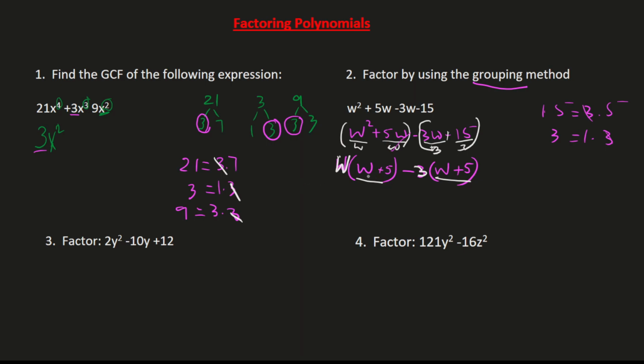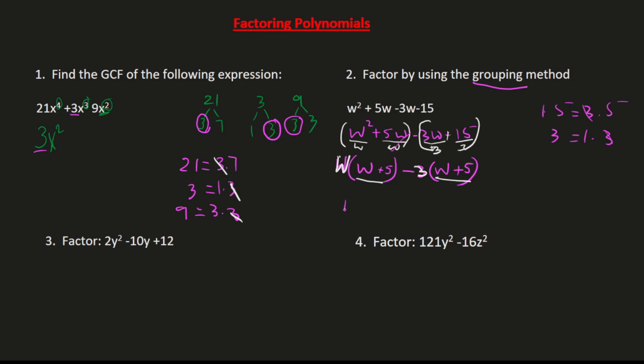That's a binomial, which is w plus 5. So what do we do with GCFs? We just factor them out. We're going to factor this w plus 5 out again. We're going to take this w plus 5, since it's common for both of them, we divide everything here by w plus 5.